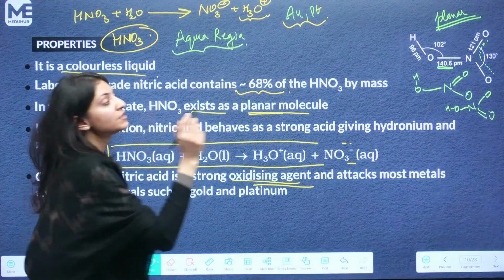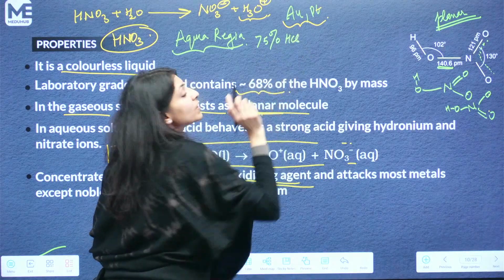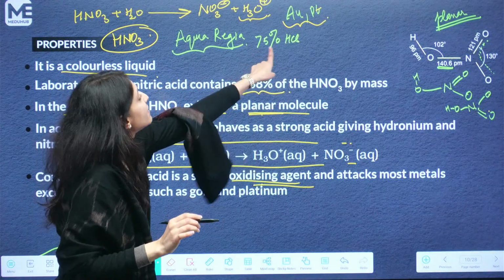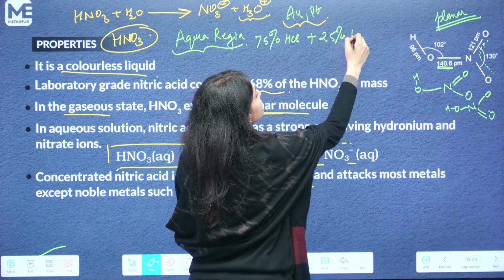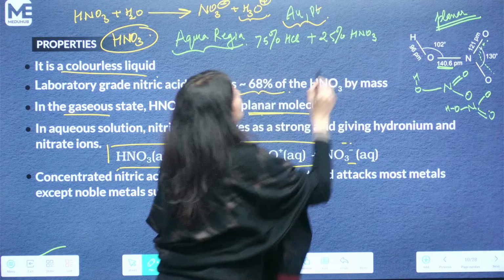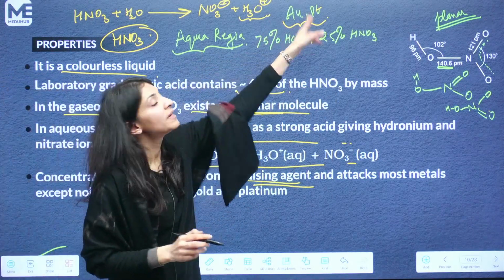So what is aqua regia? It is a mixture of 75% concentrated HCl plus 25% concentrated HNO3. So इस मिक्सचर के अंदर, which is called aqua regia, even gold and platinum dissolve.